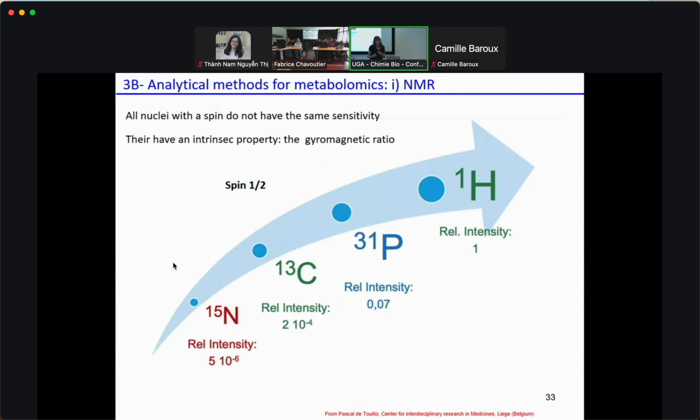So they label the proteins with nitrogen 15 and C13 to do structural biology on proteins. This is a way of increasing the sensitivity of these nuclei. But for metabolomics, we do not label anything. We study the natural sample. And so this is why we mainly use proton NMR.